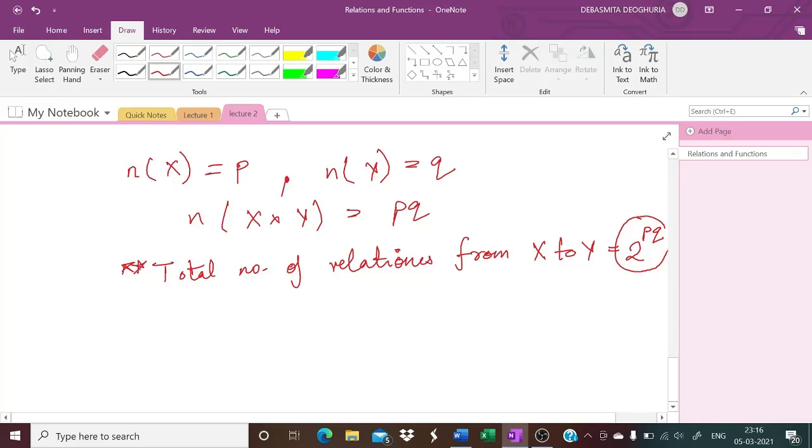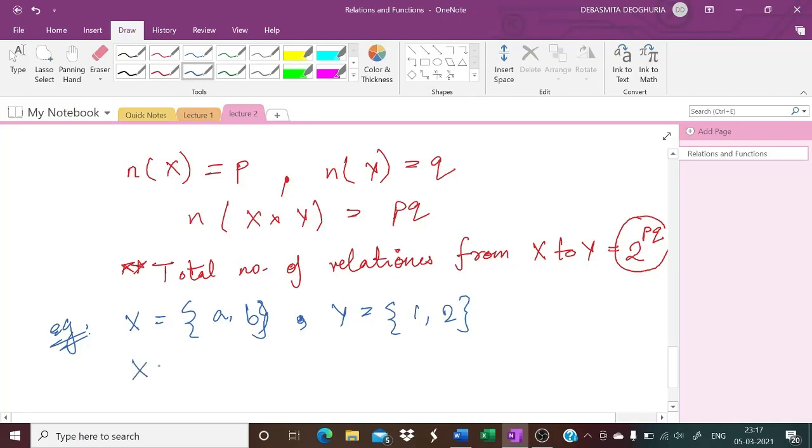Let's do one example and understand this well. Suppose X has two elements, A and B, and Y has two elements, 1 and 2.